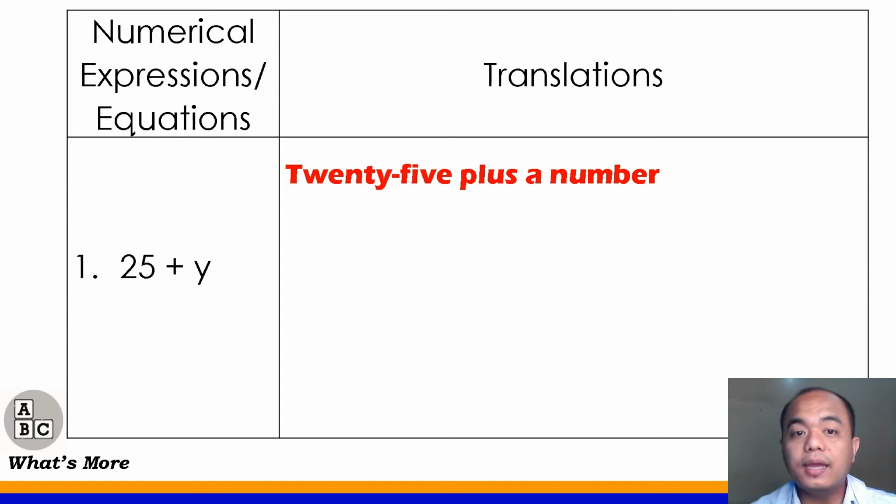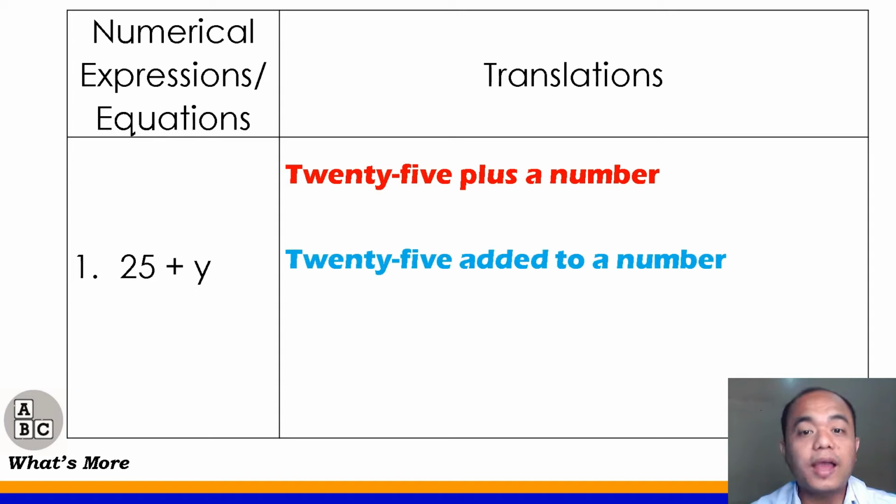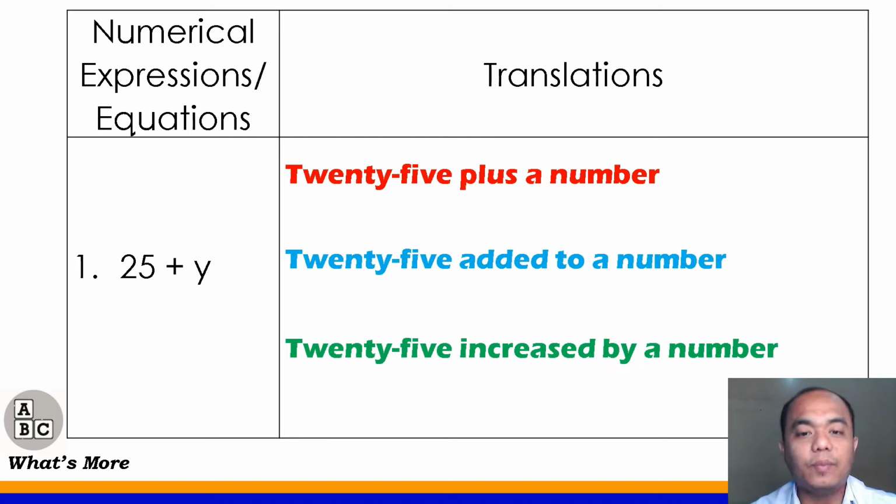Pwede ring sabihin na 25 added to a number. And pwede din 25 increased by a number. Pwede nga rin the sum of 25 and a number, or the sum of 25 and y.